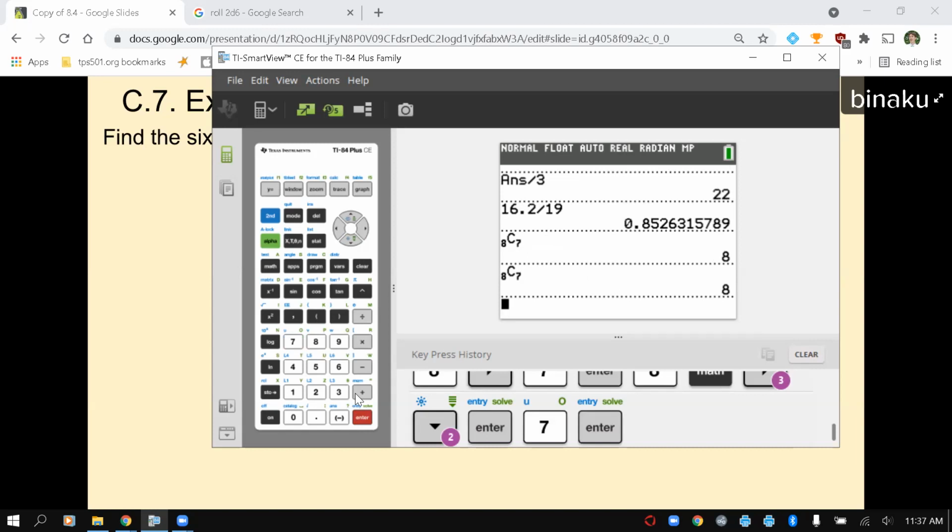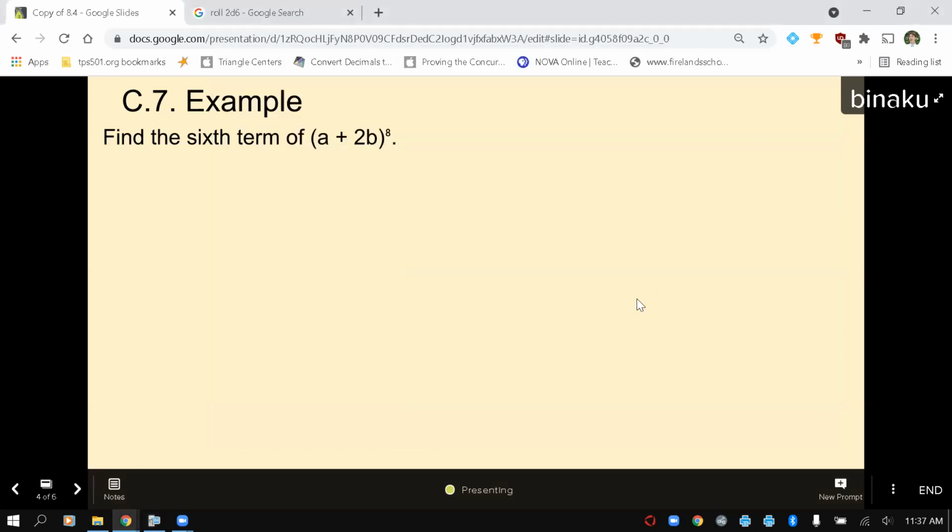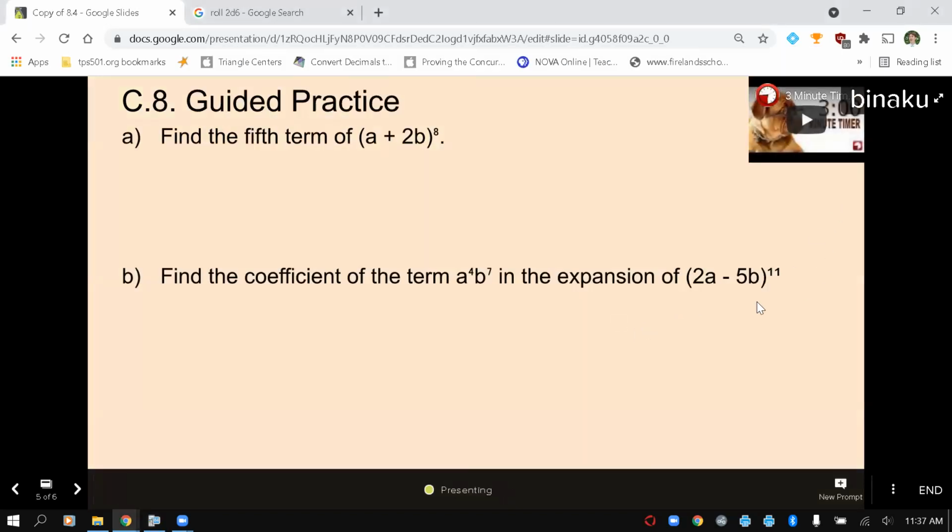So type in the first number first, the 8, math, probability, option 3, then the second number 7. That gives you 8 choose 7. All right, your turn. Last thing we're doing today.